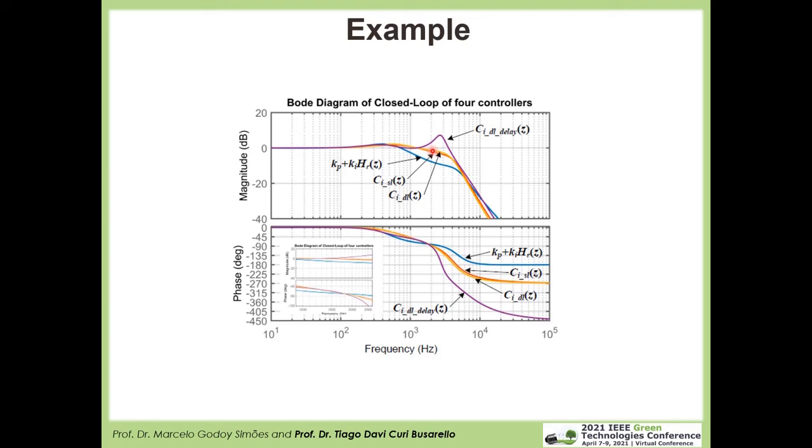We have a good response up to this frequency, and if you look at the frequency in which the controller will act in case we are injecting active power, which is 50 Hz or 60 Hz depending on the grid voltage and frequency, we see that at such a frequency we have 0 dB as magnitude and 0 degree as phase, which means that our steady state error will be considerably negligible.